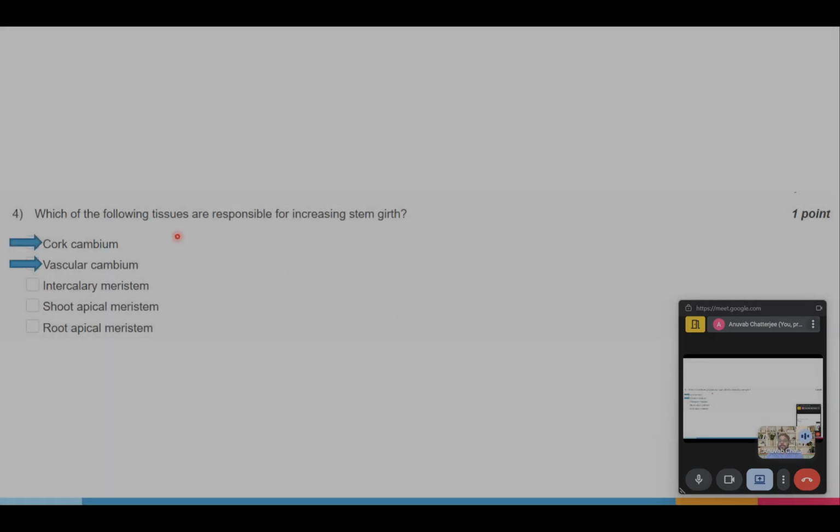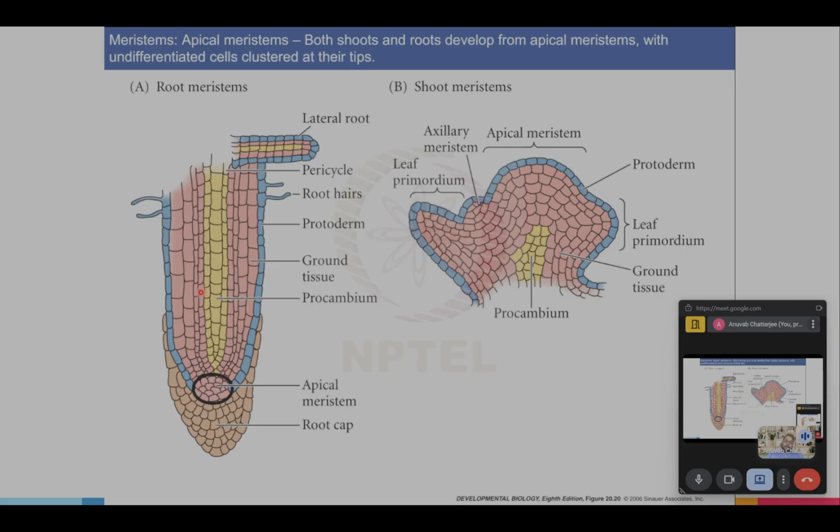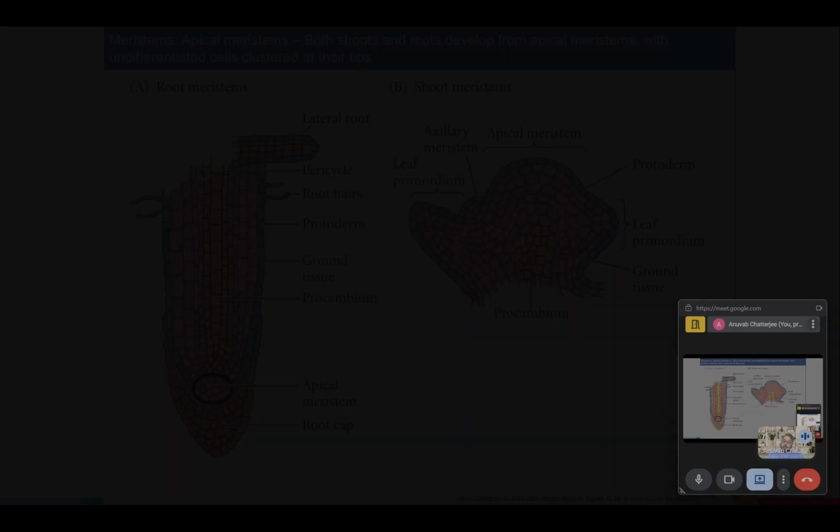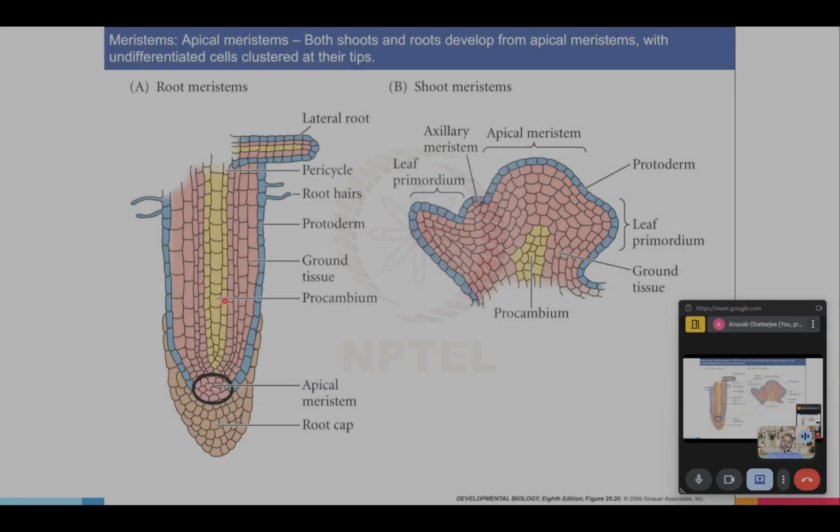And which of the following tissues are responsible for the stem girth? So the thickness of the entire stem. As you can see right here, the majority of the thickness is contributed by the vascular tissue, that will be formed by the procambium, and the vascular cambium, as well as the ground tissue.